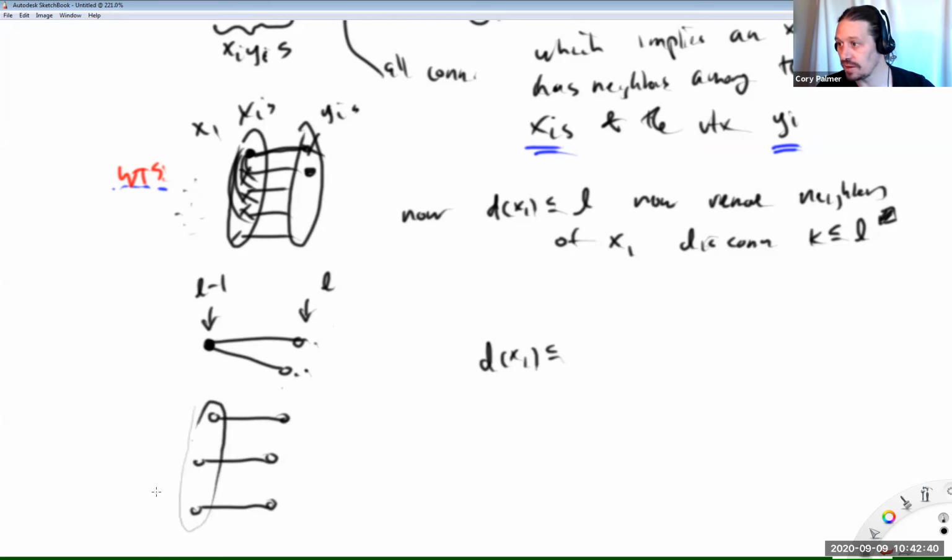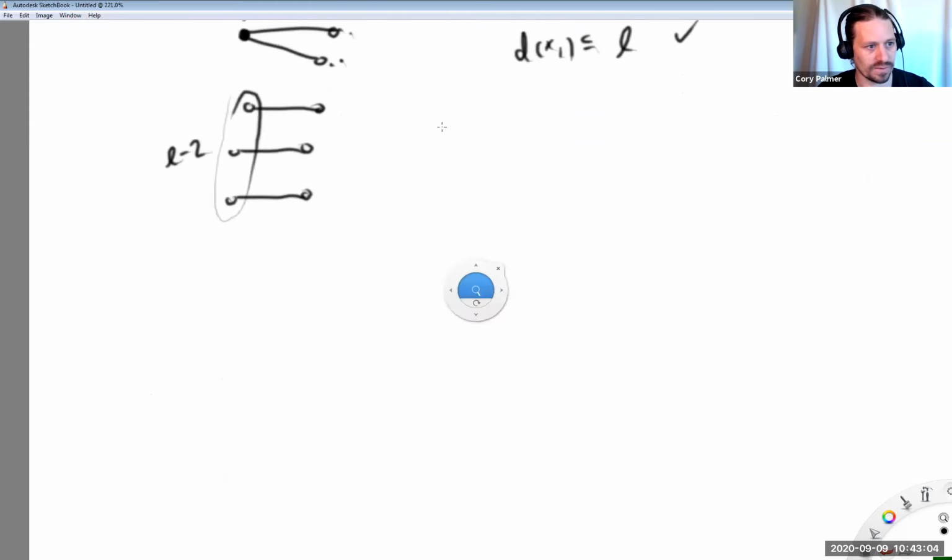There's L minus 3 of these, right? Sorry, L minus 2 of these. Not that one, and there's L minus 1 in total. So the degree here is still at most L, and the same argument as above works, right? So I think we're going to be fine no matter what. Yeah, I think the proof will work just fine then.